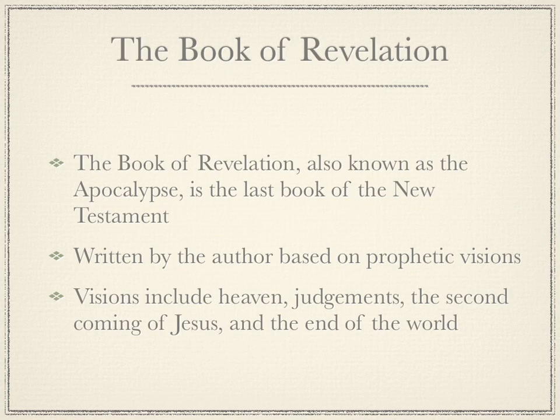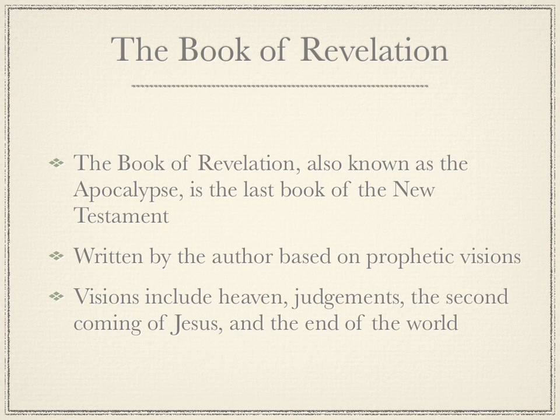And finally, we've got what's called the Book of Revelation, also known as the Apocalypse. It's the last book of the New Testament, written by the author based on prophetic visions. These are visions that they saw of what would happen in the future, and that included things such as what heaven was like, judgments, the second coming of Jesus, and the end of the world.